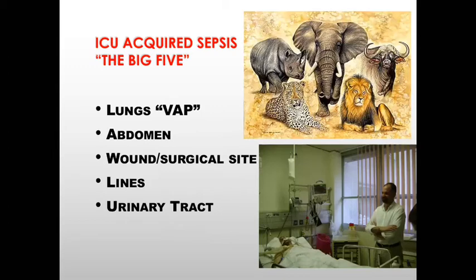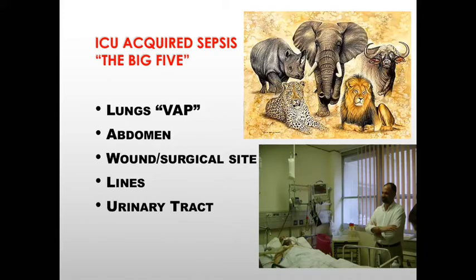If you're standing at the bedside in ICU, you can think about the big 5, as these are the most common likely sources of sepsis in an ICU patient. So the lungs, again, are the most common, a ventilator-associated pneumonia, or an abdomen. And it doesn't mean that the patient needs to have had anything wrong with the abdomen before.